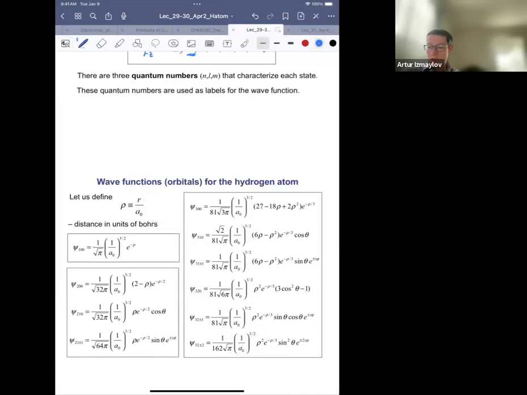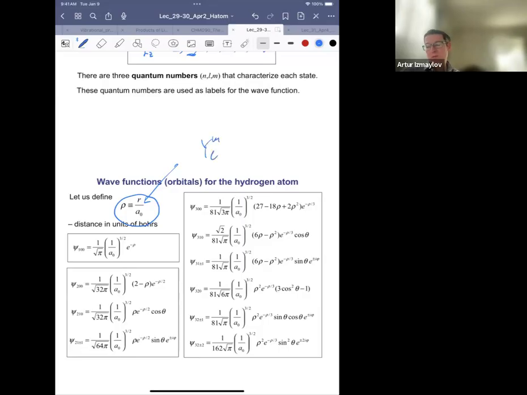And here the states where we have essentially a convenient coordinate for the distance are divided by the Bohr radius, right? So that's the radial part. And then we multiply the radial part by spherical harmonics Lm.